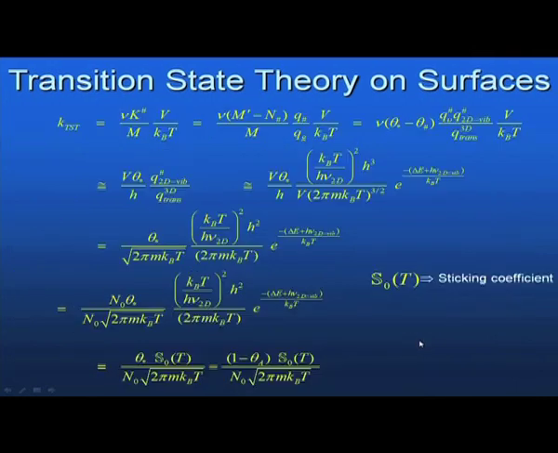So, your rate after transition state theory is nu times your equilibrium constant, multiplied by V by kT, because it comes from this PA factor. You recall your earlier lecture on indirect adsorption.